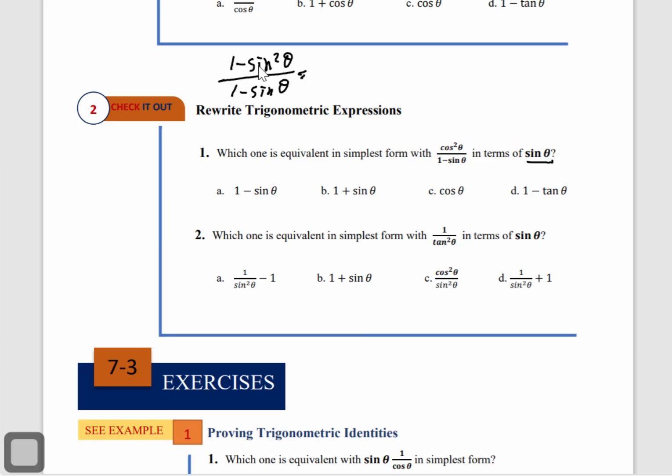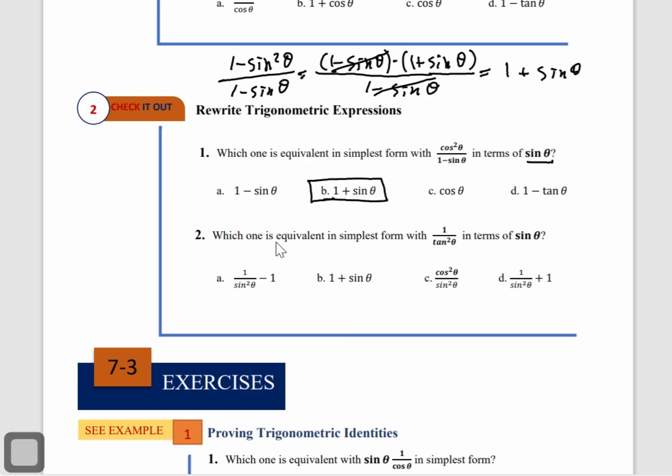Again, it's a difference of two squares, so we can write one time by positive and one time by negative: 1 minus sine theta multiplied by 1 plus sine theta, over 1 minus sine theta. These two immediately cancel. 1 plus sine theta is remaining. So 1 plus sine theta is our true answer.